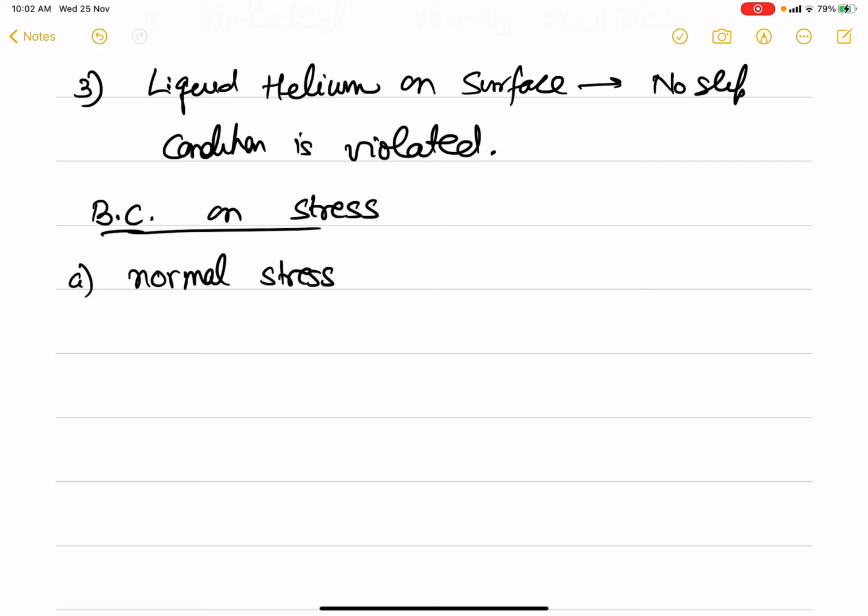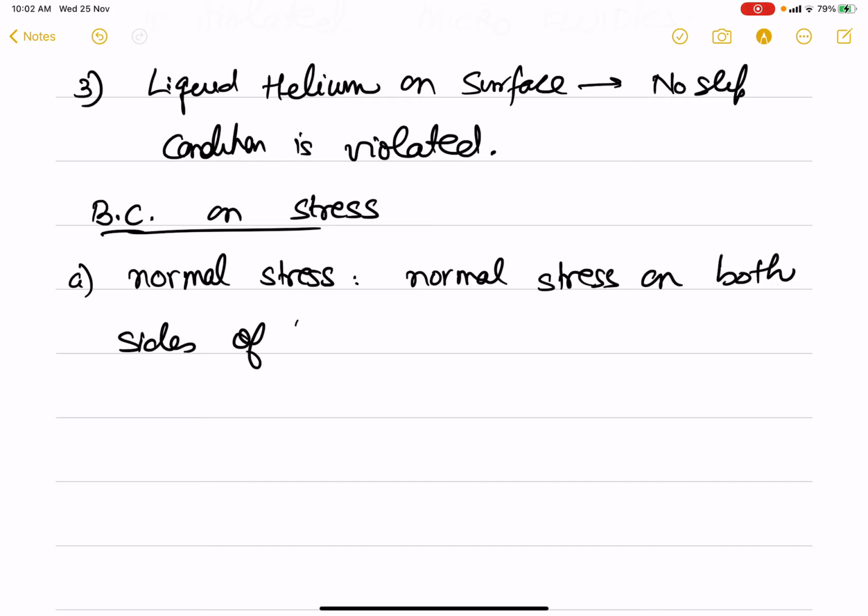And what we say is the normal stress on both sides of the boundary are equal.